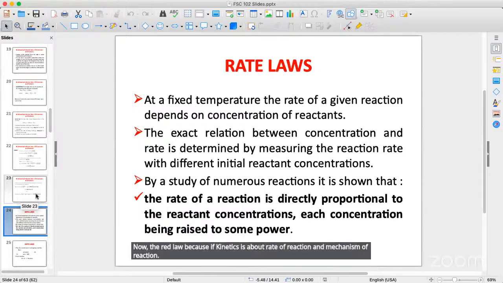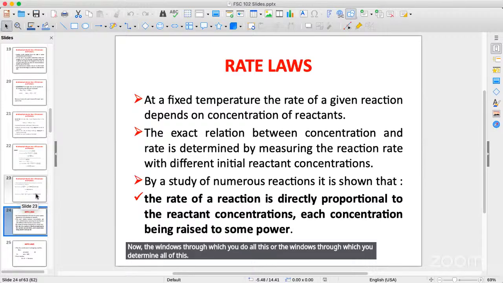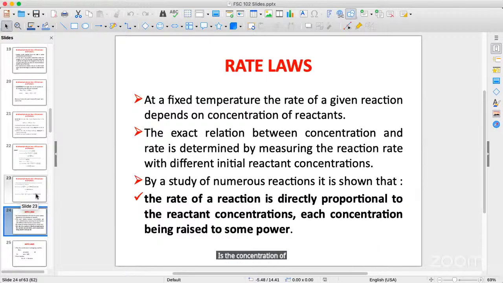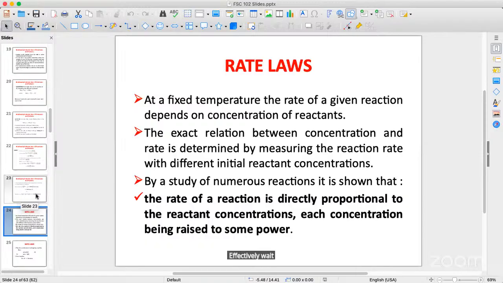Now, if kinetics is about rate of reaction and mechanism of reaction, what is the sequence? The windows through which you determine all of this is the concentration of your reactant or your product. More often than not, we tend to relate it to the concentration of reactant, but of course, we can still use the concentration of product.